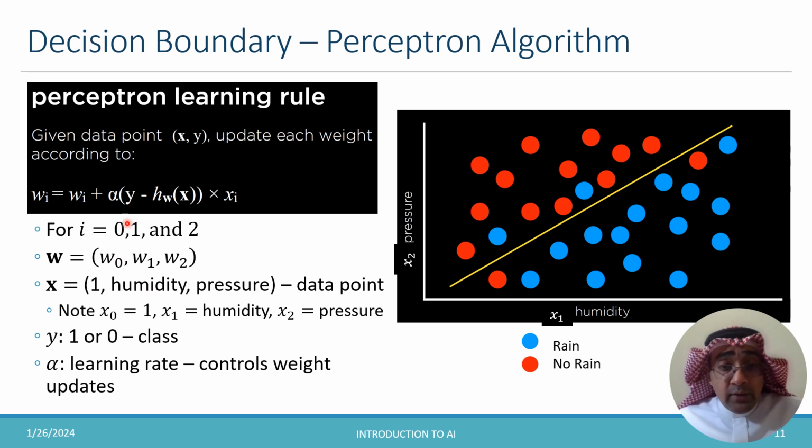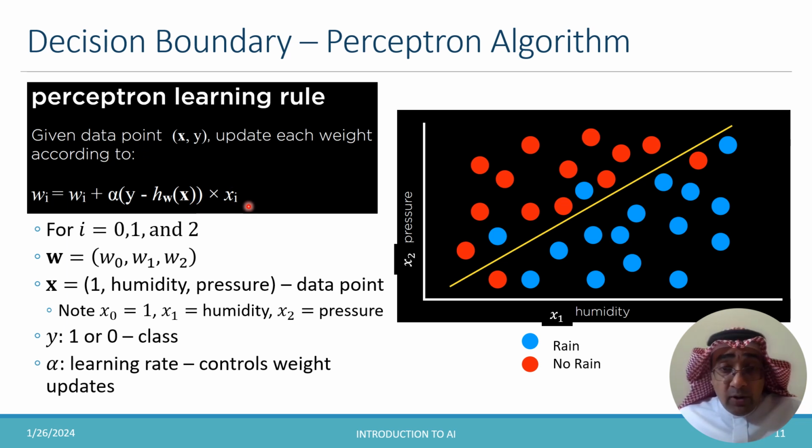Okay, so what we want is the actual value and our predicted value. We want to subtract them, and we want this to be 0 for the training data that we have. Okay, and to make it reach 0, if the weight was not the appropriate weight, we want to shift the weight.